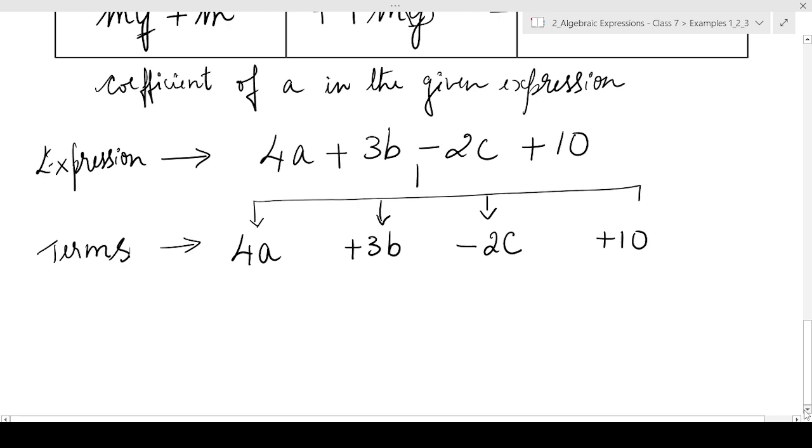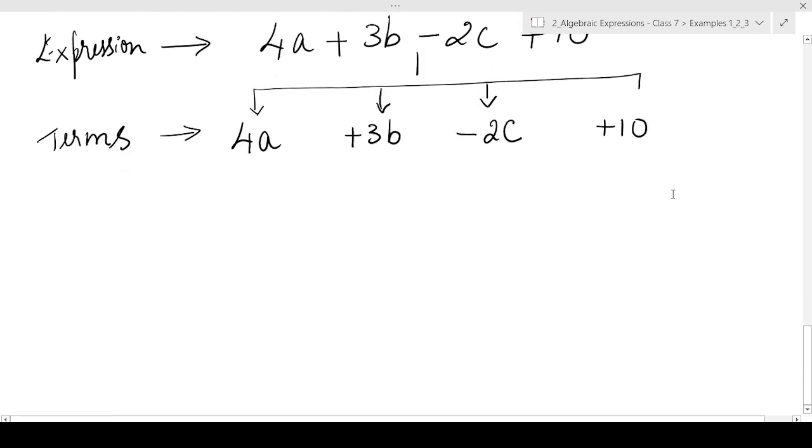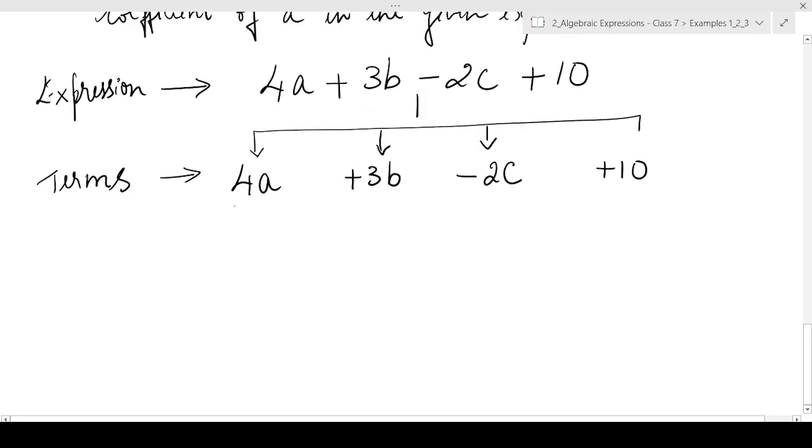Next, we can find out the factors. Okay, what are the factors of each term? Let me put this as 3b square, and let me put this as 2c cube. Let us see how it will look. So 4a is made up of 4 into a. Correct? So these are the factors of 4a. How about 3b square? 3b square is made up of 3 into b into b.